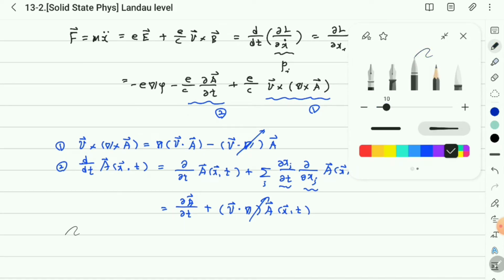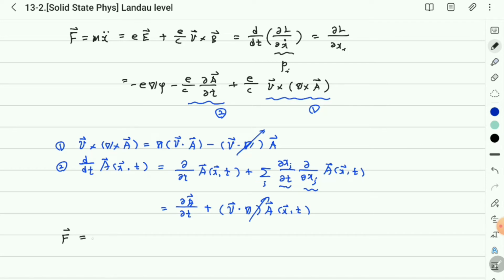Therefore, the force can be written as minus e gradient phi plus 1 over c, and then the first one, partial A partial t, that is dA/dt, minus gradient V dot A, from this one.